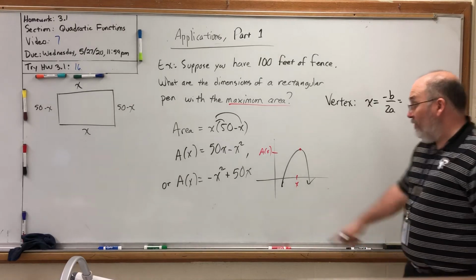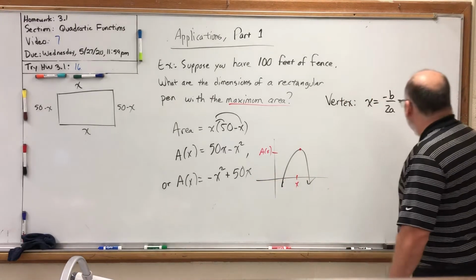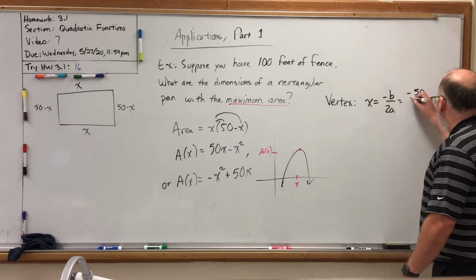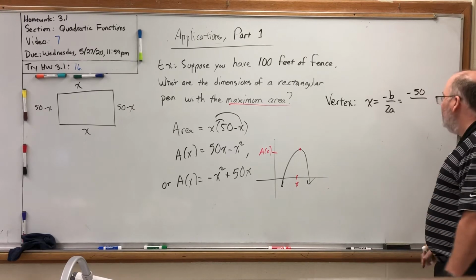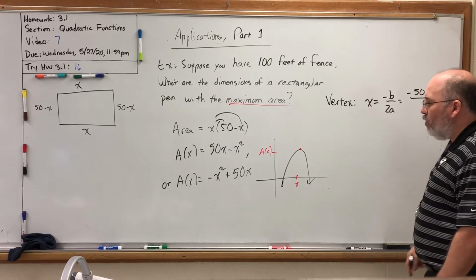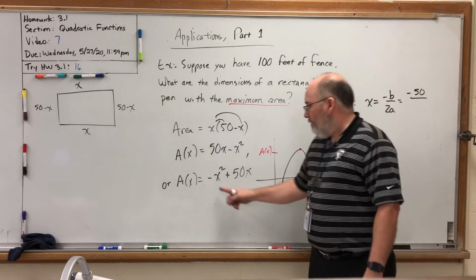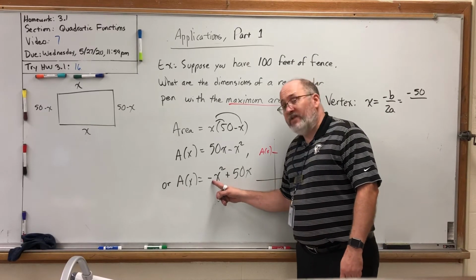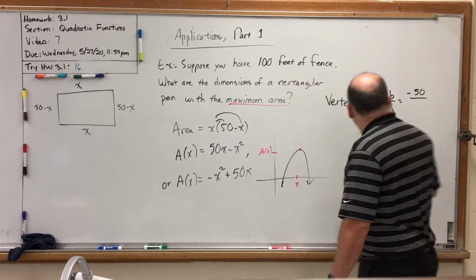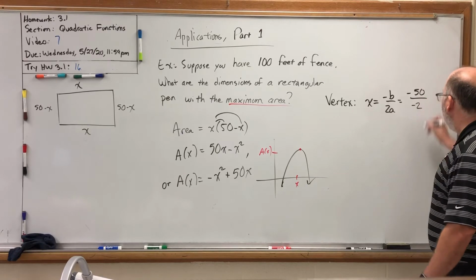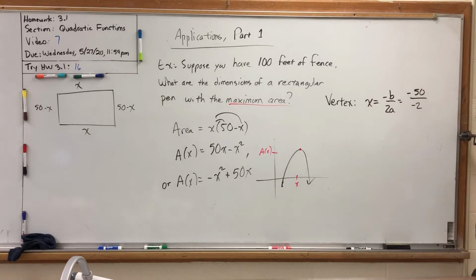The b is the coefficient of the x, so negative 50. It was 50 and I put a negative on it, over 2 times the coefficient of the x squared. Well, the coefficient of the x squared is negative 1, and 2 times negative 1 is negative 2. Negative 50 divided by negative 2 is 25.